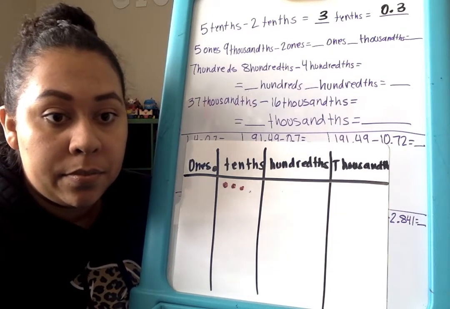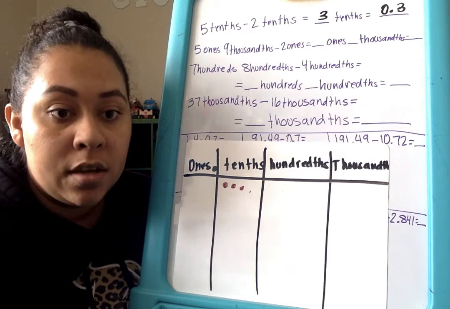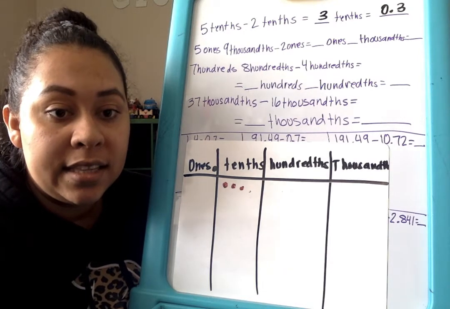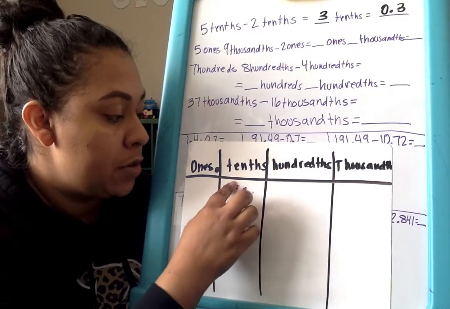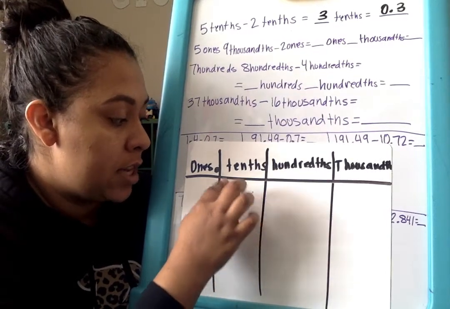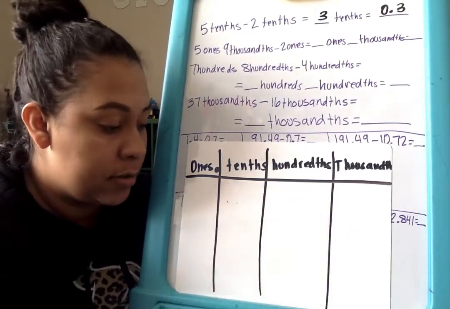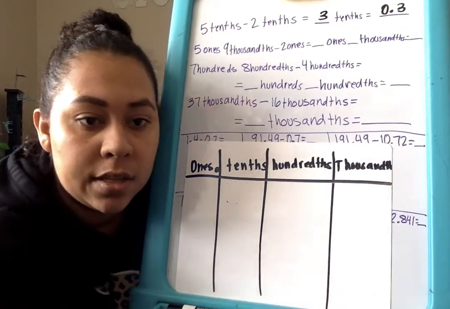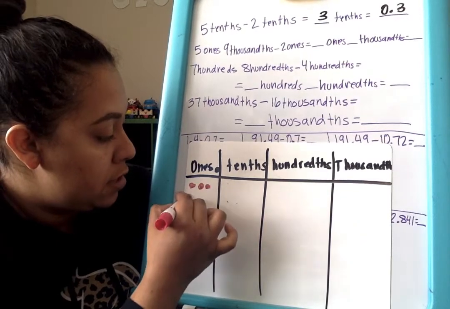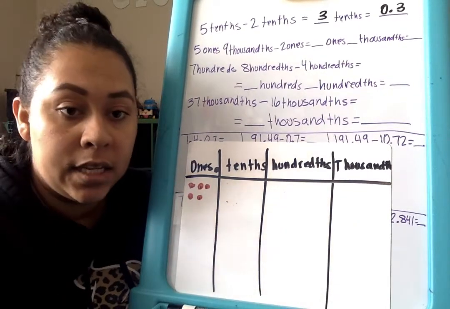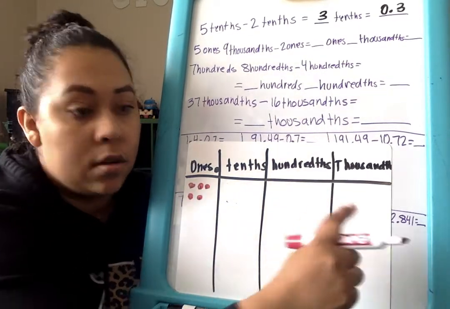The next problem, B, 5 ones, 9 thousandths minus 2 ones. So I'm going to show on my place value chart what that's going to look like. So 5 ones, so 1, 2, 3, 4, 5, 9 thousandths, so all the way over here.